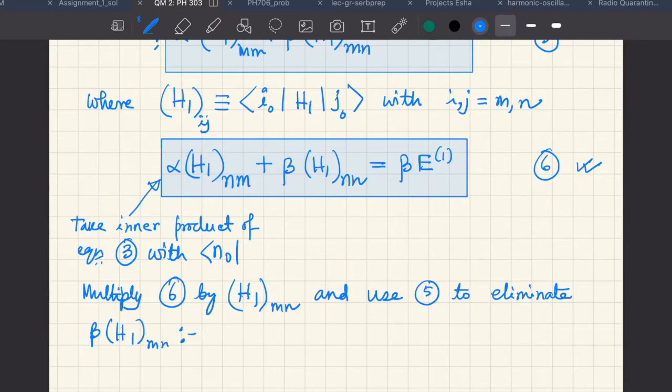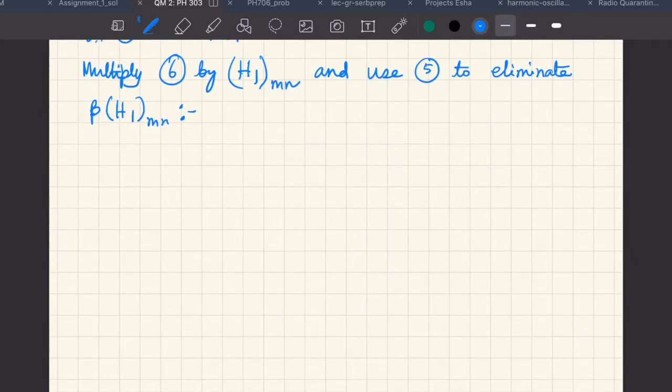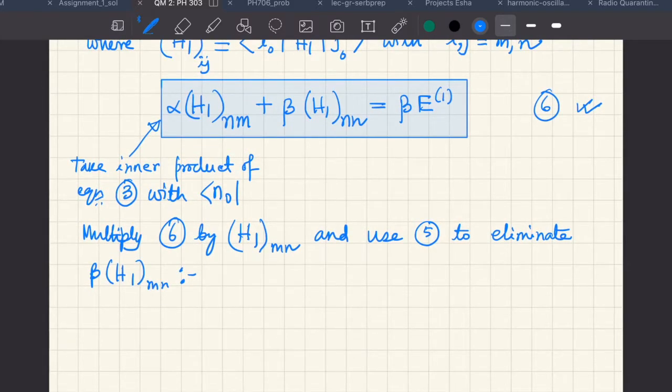If you do this simple step, let me show one calculation; the next part you can do. I have multiplied equation number 6 by H1 mn from the left.